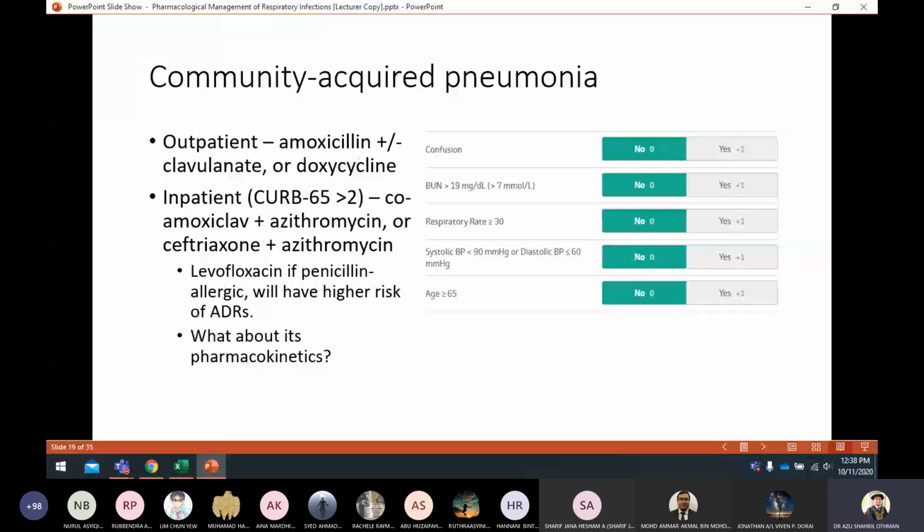Okay, so when you are in a few years time, a junior doctor, for example, after you finish your housemanship, now you are an MO in a very far away klinik kesihatan in Ulu Tembeling, for example. Or let's say you are in a klinik kesihatan somewhere in Pahang. I'm not quite good with the geography of Pahang.